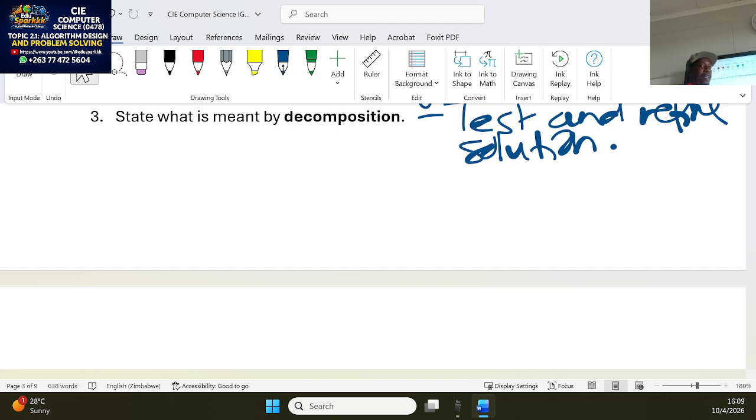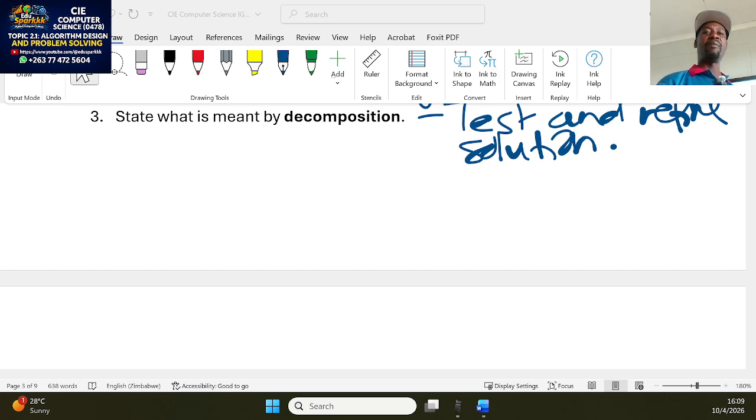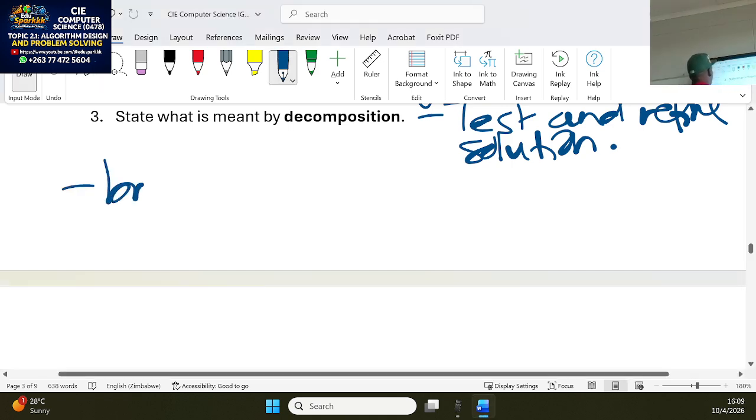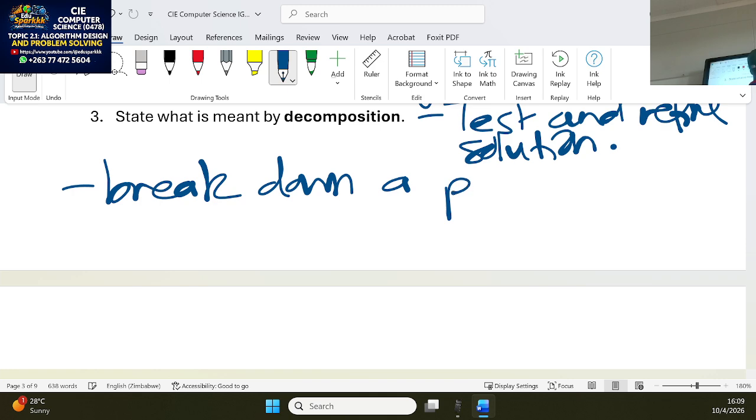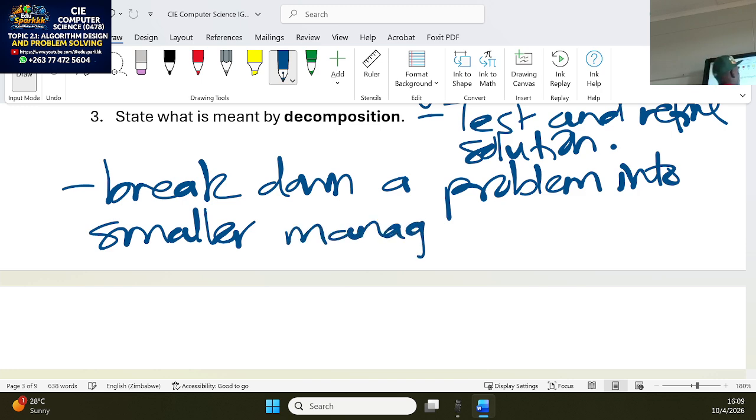Then next, we are interested in stating what is meant by decomposition. So when we say we are decomposing, it simply means we are breaking a problem into smaller, manageable sub-problems, which can lead us to the solution easily. So this is breaking down a problem into smaller, manageable pieces.